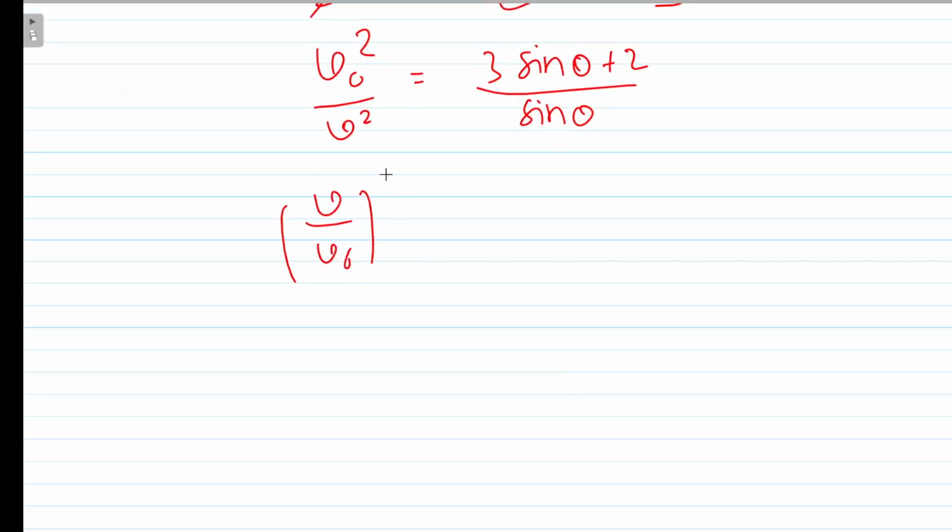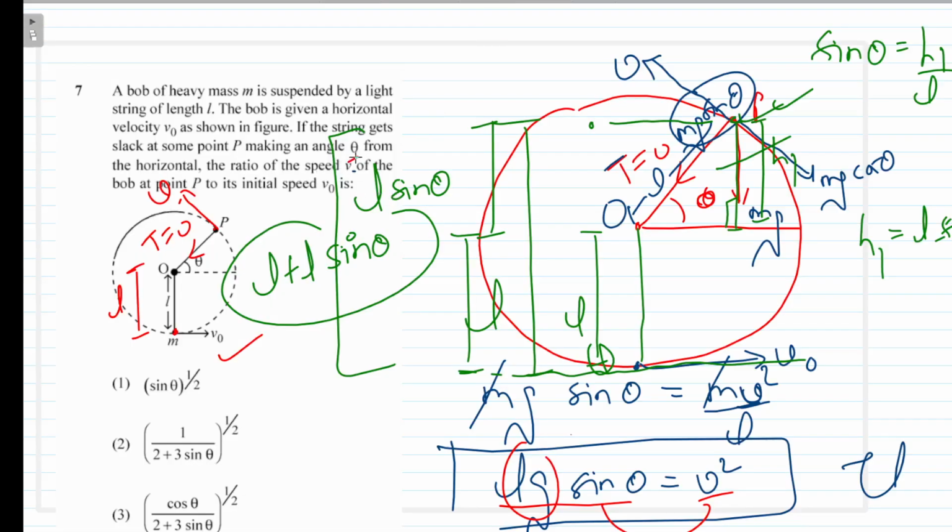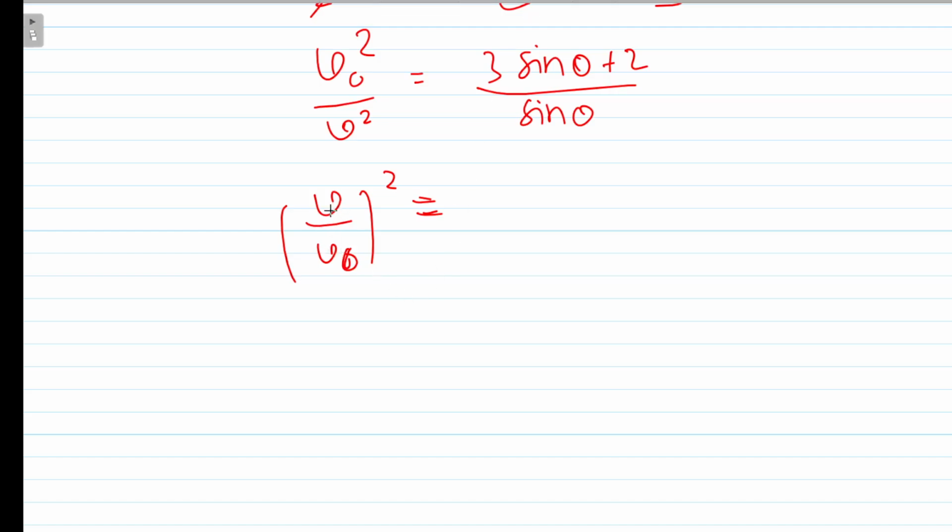आपसे रेशियो पूछा है v बाय v naught का, तो v by v naught square इज इक्वल टू हो जाएगा sin theta upon 3 sin theta plus 2, और वी कैन से रूट, the whole raised power half.